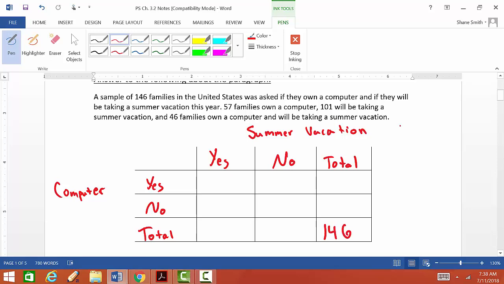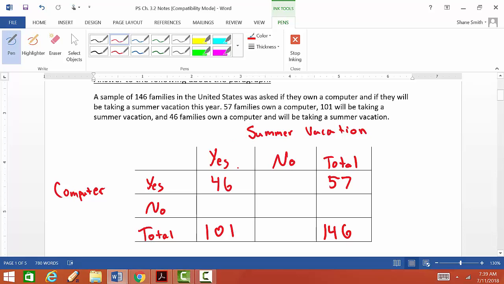Now, if 57 own a computer, that is the total of people that said yes for computer. That's how we read the table, right? So it doesn't go here or here, the 57, because we don't know anything about whether those people are taking a summer vacation or not. Those are just 57 total families that own a computer. 101 will be taking a summer vacation, and then 46 families will be doing both.